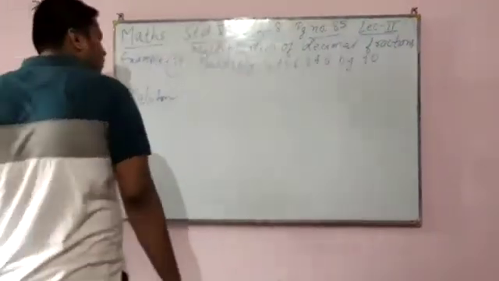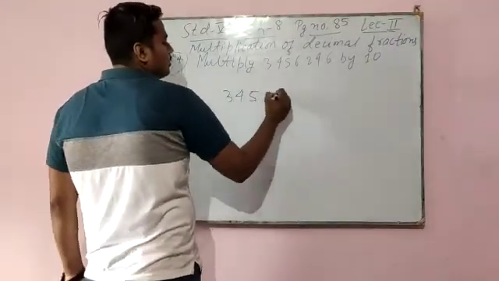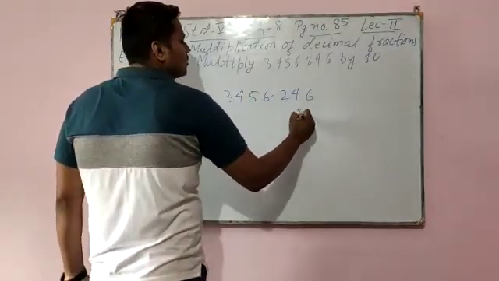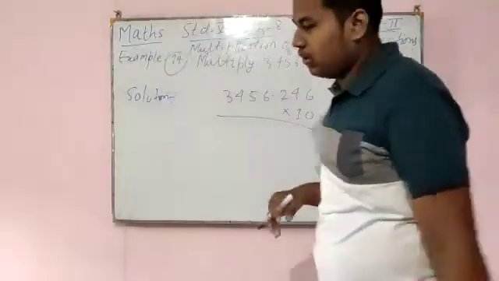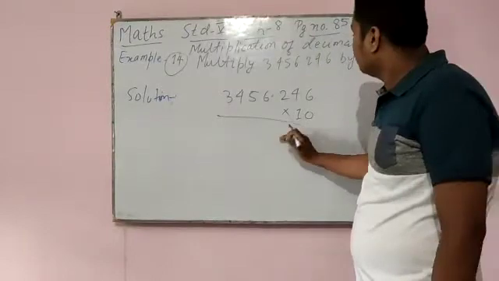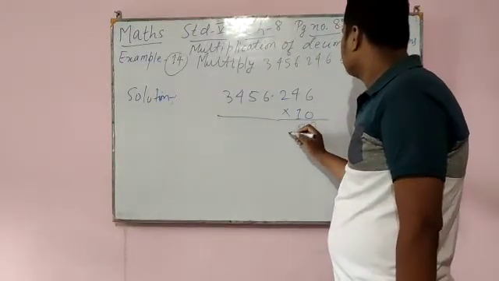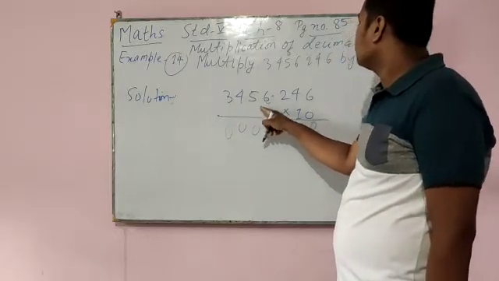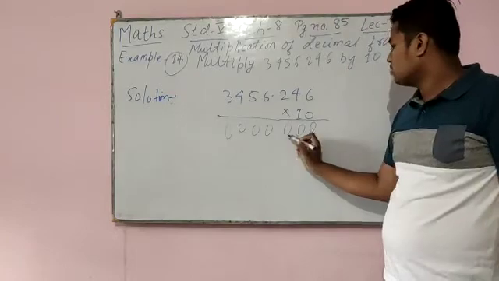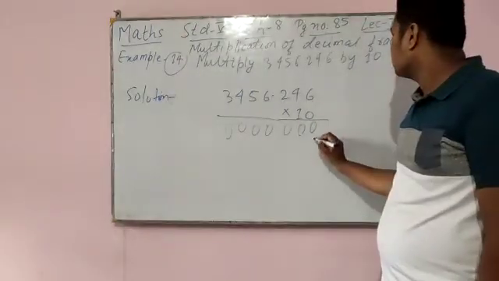Okay, so see here how we multiply. So 3456 decimal 246 into 10. So forget about decimal now. However, you are just multiplying, keep multiplying. Simple multiplication is to do 0, 0, 0, 0, 0, 0, 0. So 7 zeros are there. When you will multiply with any number, you will get 0.